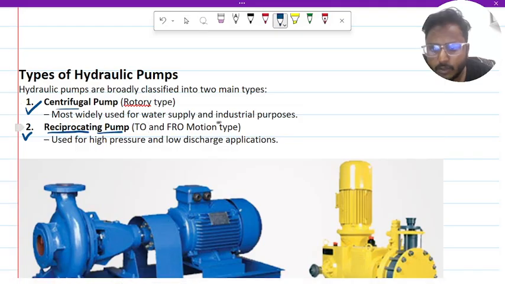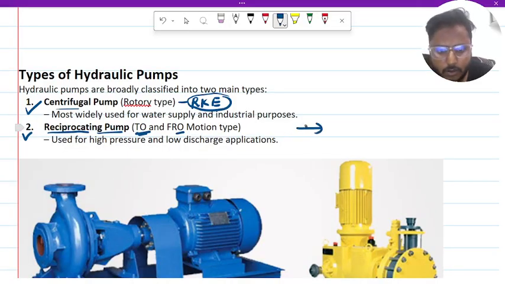In a centrifugal pump, the energy is in the form of rotational kinetic energy. The centrifugal force comes when there is a rotary motion in any object, whereas to and fro motion, meaning left, right, or up and down, is known as reciprocation.